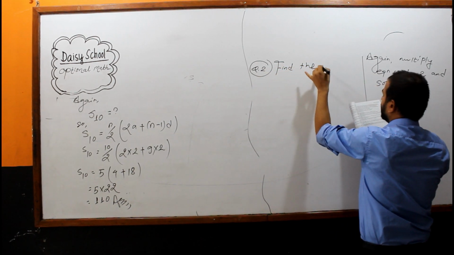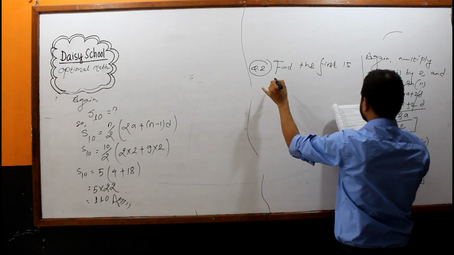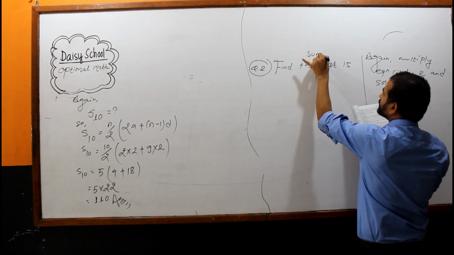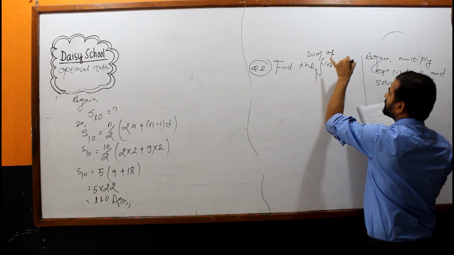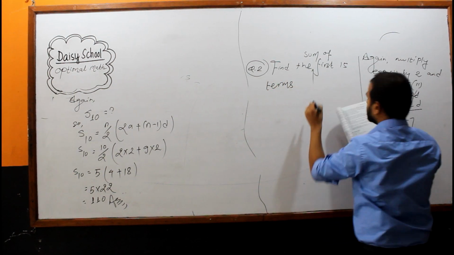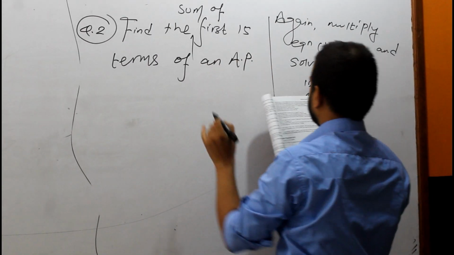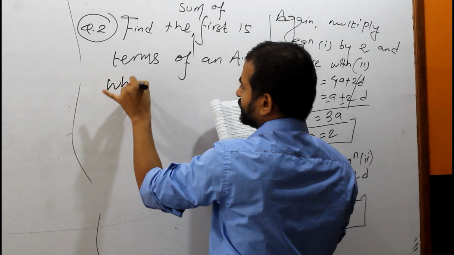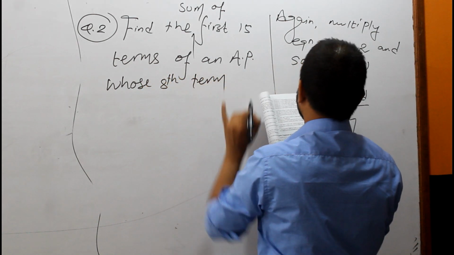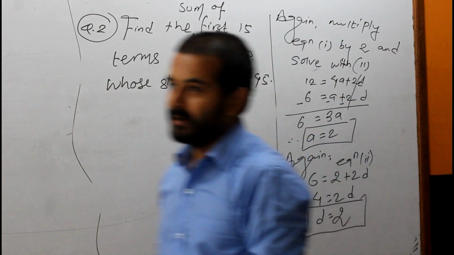Find the sum of the first 15 terms of an AP whose 8th term is 45.